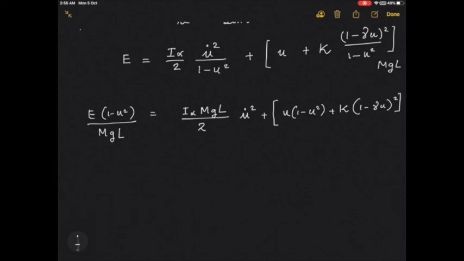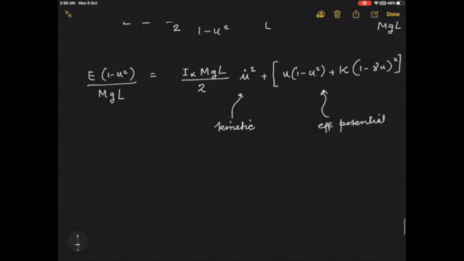So if you look at this, this kind of looks like a kinetic term and a potential term. Which it is, apart from the fact that I have to divide everything by 1 minus u square. Now obviously that has certain consequences, but let us not go into that.